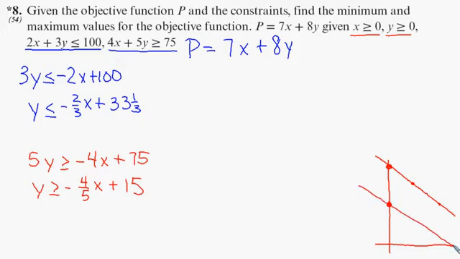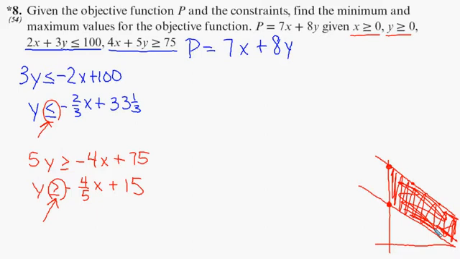This one is going to be shaded below the line. This one is going to be shaded above the line, right? Because this one's less than, and this one's greater than. Okay, so either way, the shading is going to go right in here somewhere. So what we're going to have is our feasible region. Now, you've got it in your calculator. Don't make this harder than it is.